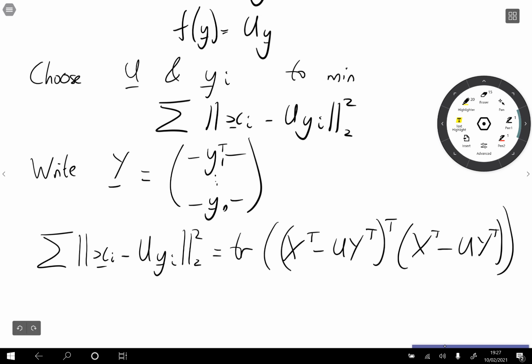Okay, so you have to stare at that for a moment to see that that's true. But once you can see that it's true, if you remember, the trace of a matrix transposed times itself is just a way of computing the Frobenius norm. So this is the squared Frobenius norm of X transposed minus U Y transposed.